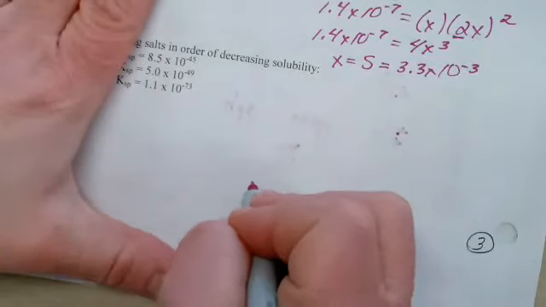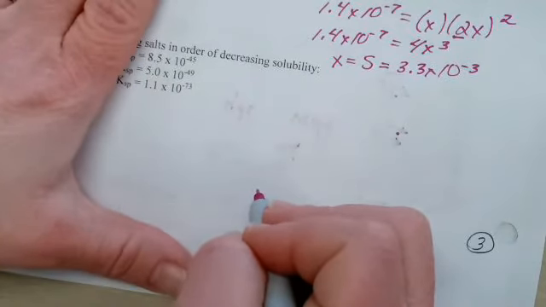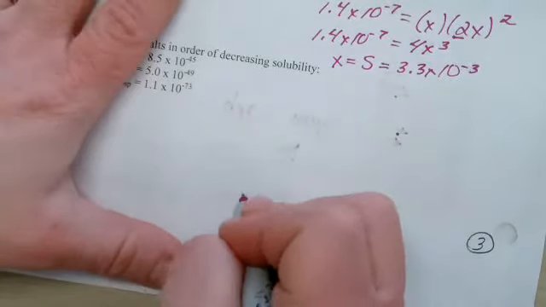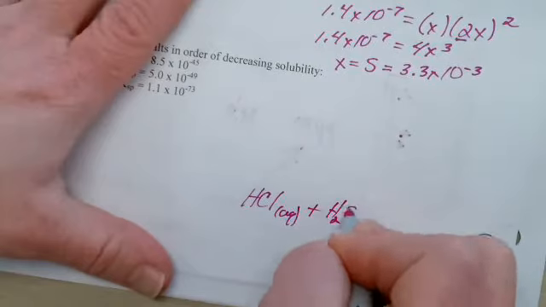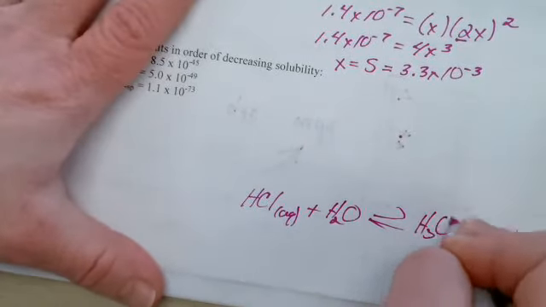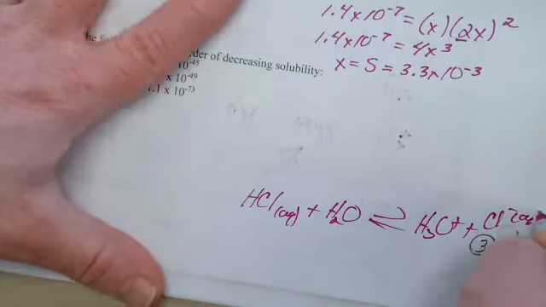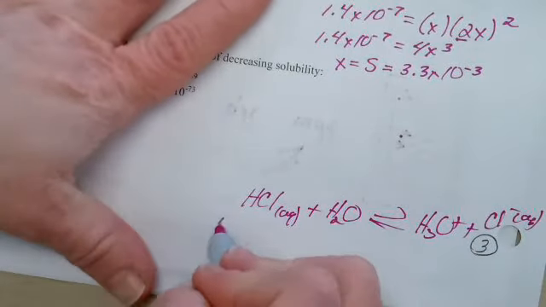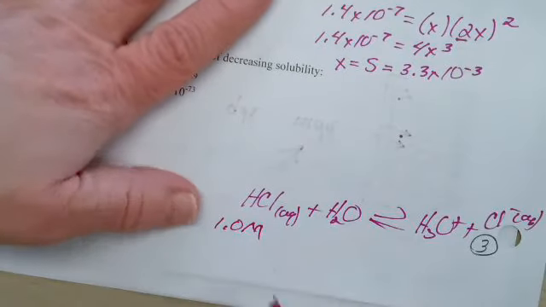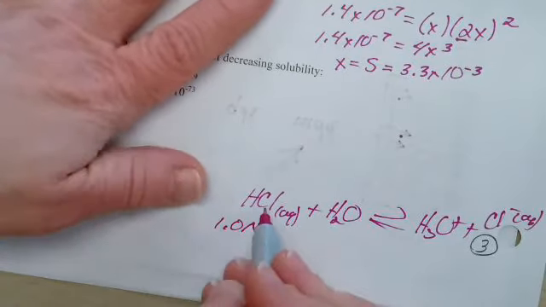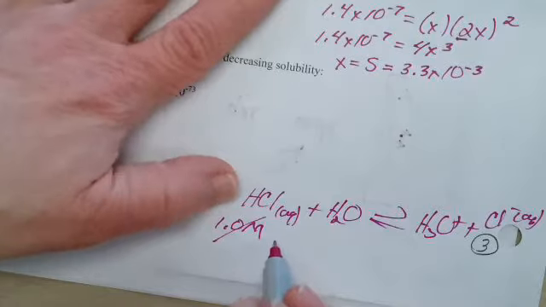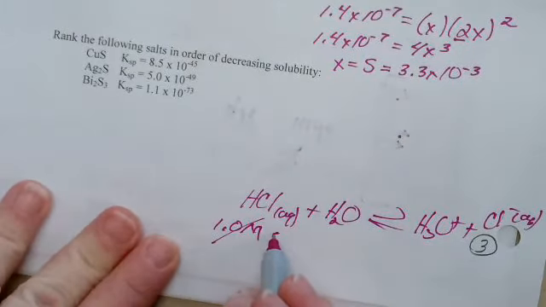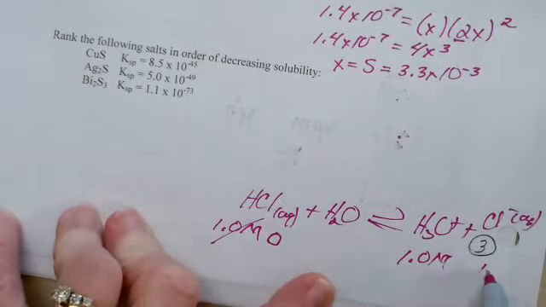So if we have HCl, I say aqueous, and now of course it's in general, right? And so let's say it's 1 molar. Really in solution, this is pretty much 0. And then this is really the 1 molar and the 1 molar.